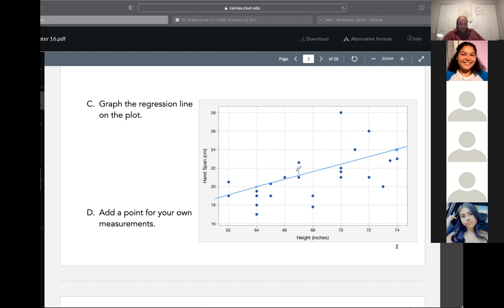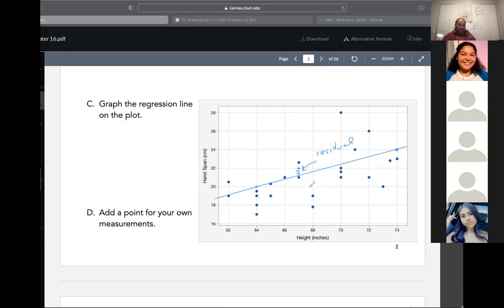This vertical distance from the actual point to the line, above or beneath it, is called your residual. Every point has its own residual. Graphically, the residual is the vertical length between the actual point and the predicted point.